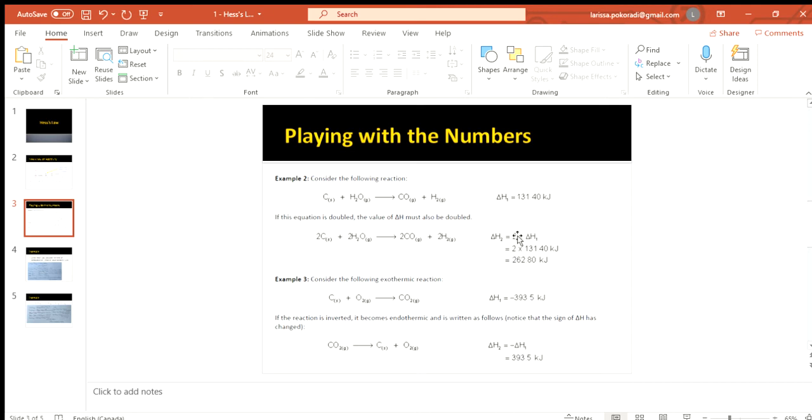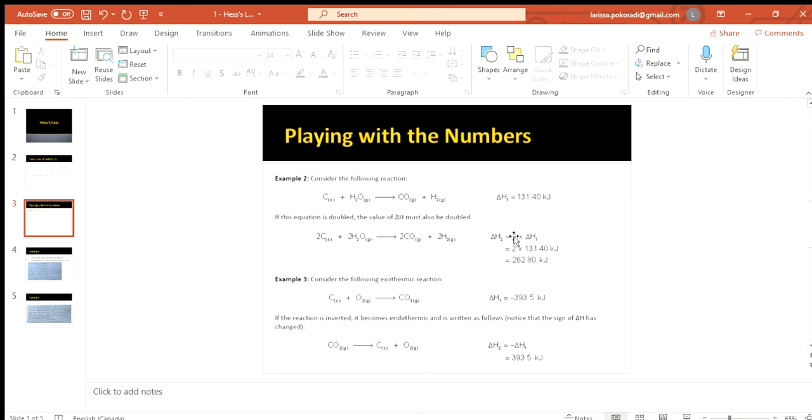So I've multiplied it by 2. This enthalpy change is now twice as much as it was. If I had to triple it, I would multiply this value by 3, quadruple it by 4. If I had to halve it, I divide it by 2, that kind of thing.